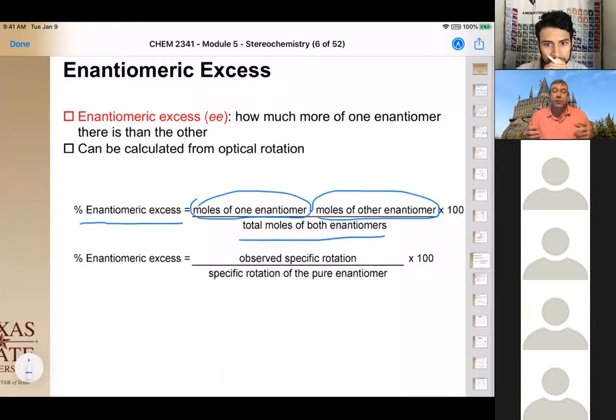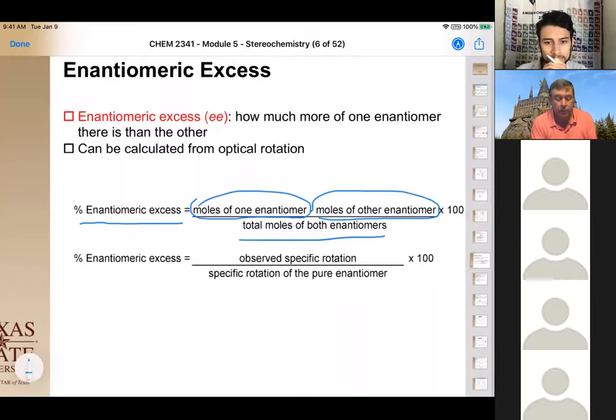What this gives you is that one of those is going to be greater than the other, and therefore you're going to have some percentage of that molar quantity there. However, you rarely know which one you have as which, so you typically do it by the enantiomeric excess we calculate from the observed specific rotation.